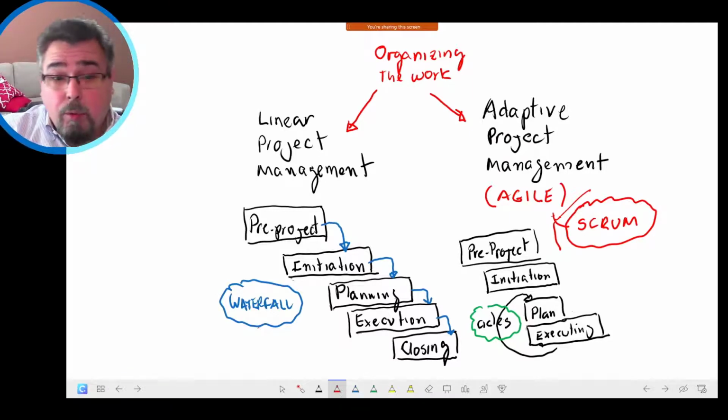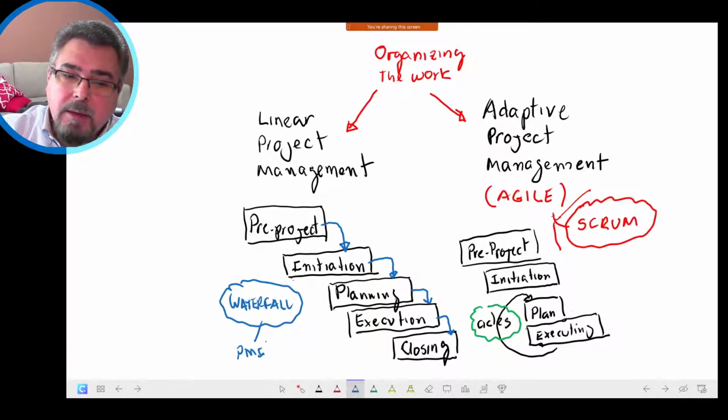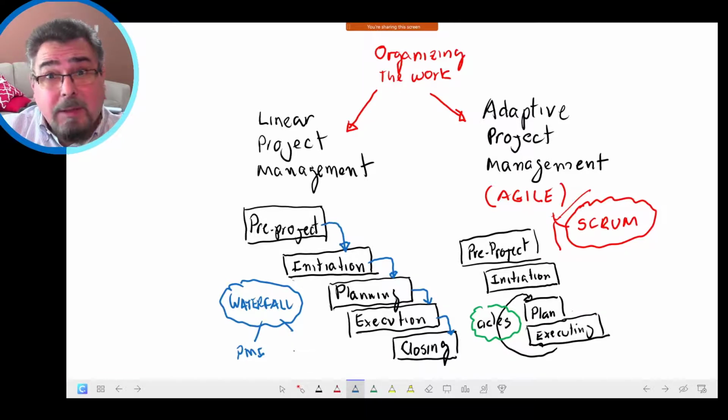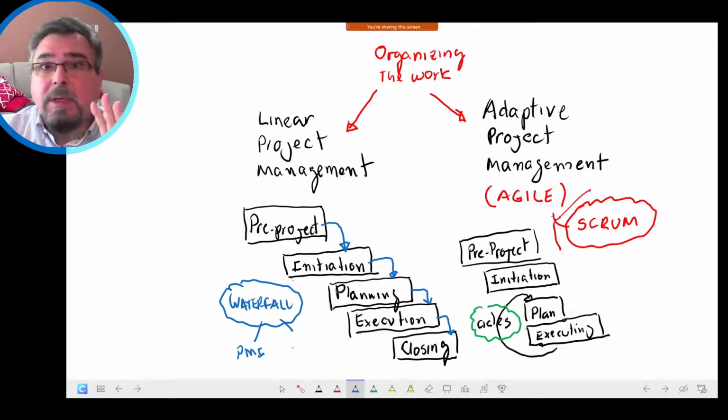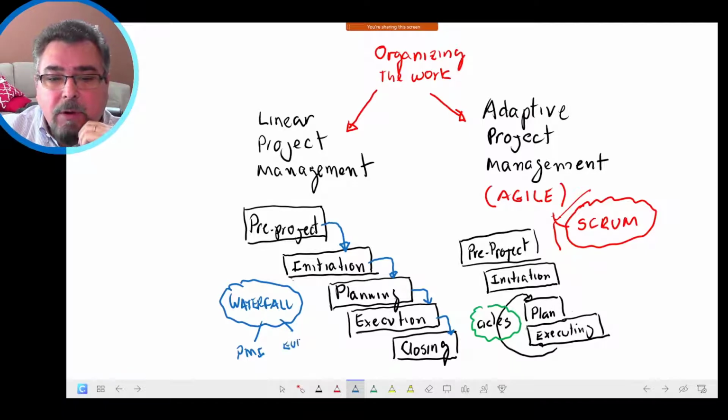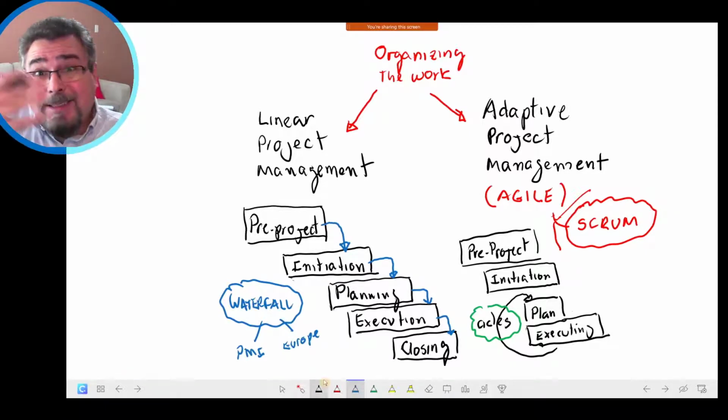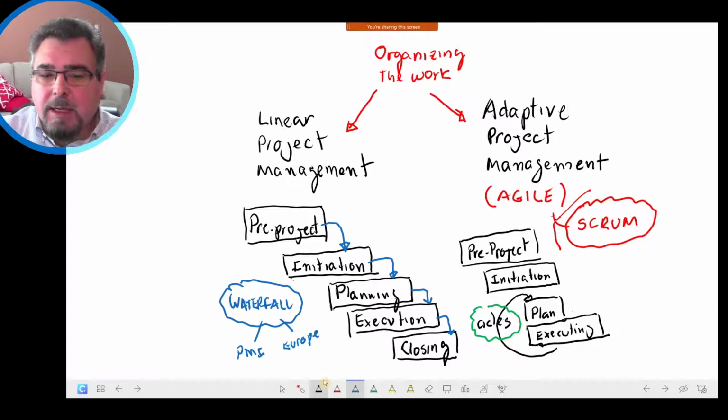As with the waterfall, we also have some methodologies. The most known is the one from the PMI. But we also have the European organization. I forgot the acronym, but in Europe, they have a different organization. It has a waterfall methodology as well. So what is important here?